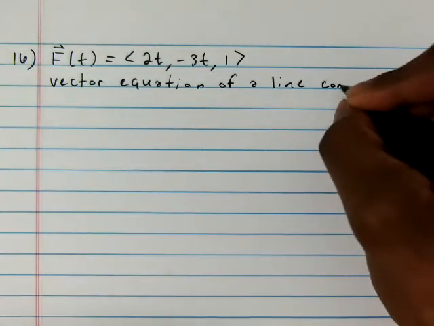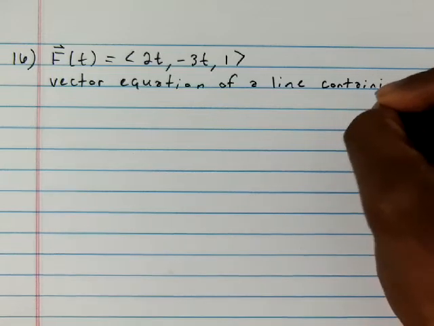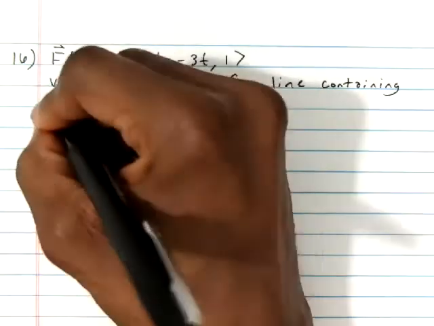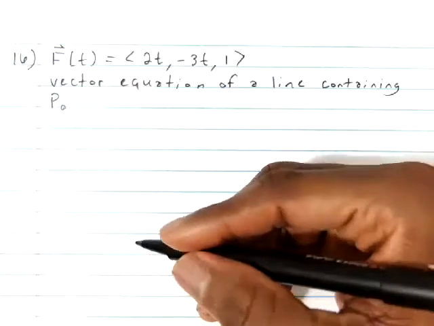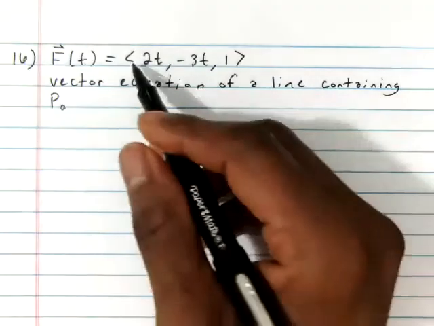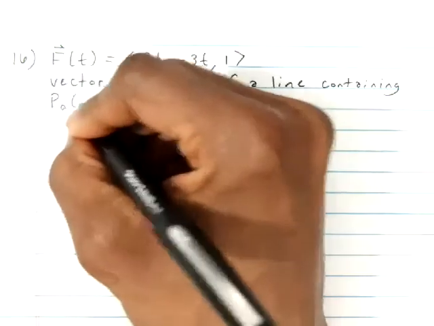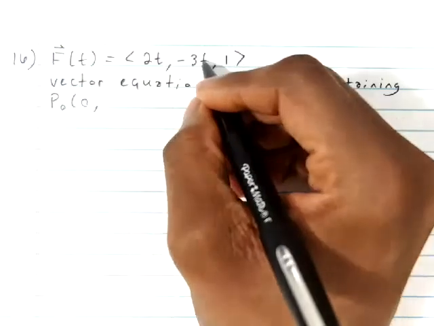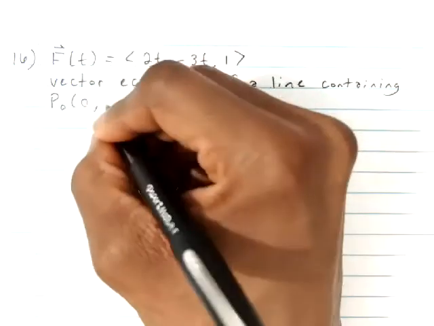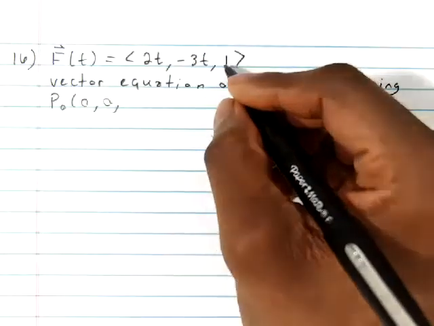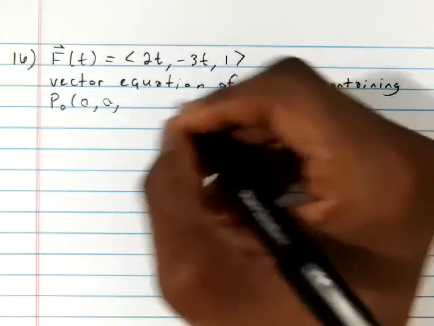Containing P naught, what is a point on the line? Remember, it's x naught plus at, so x naught is 0. Y naught plus bt, so y naught is 0. And z naught plus ct, so z naught is 1.